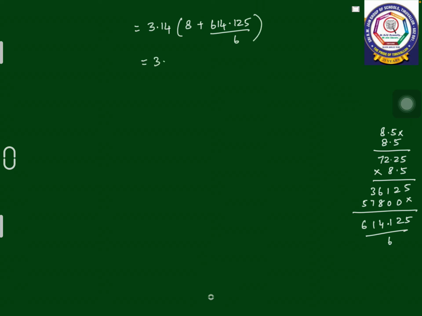So it is 3.14 into 8 plus 614.125 by 6, which goes to 102.35.